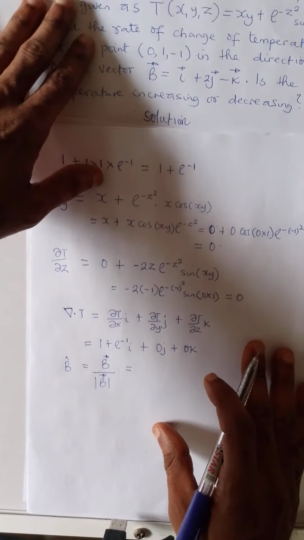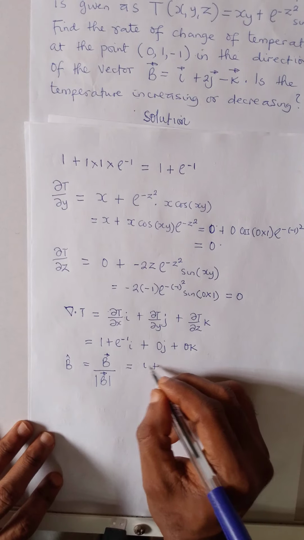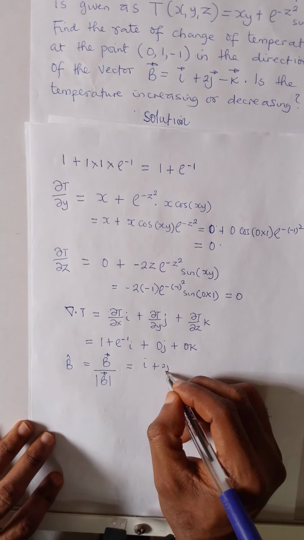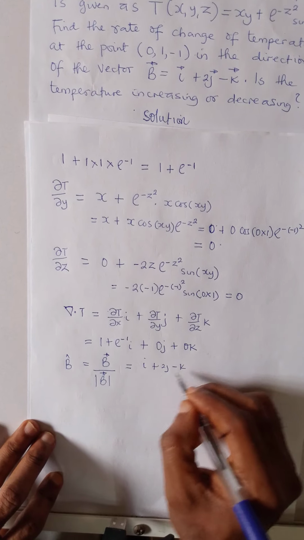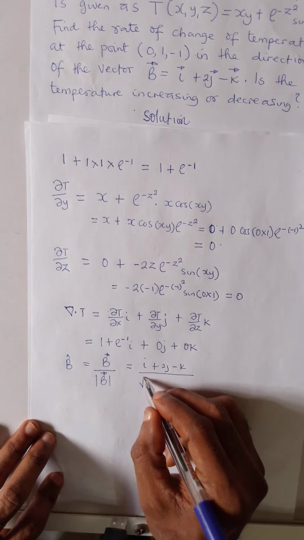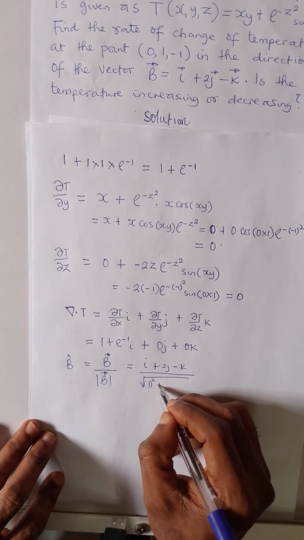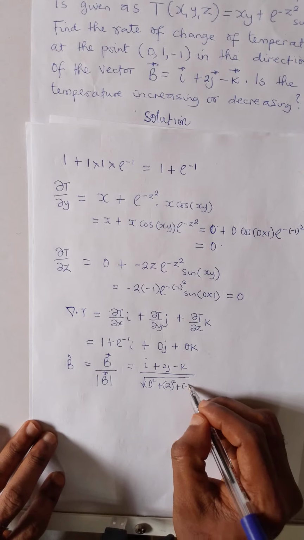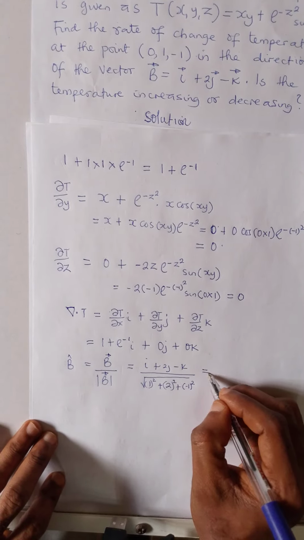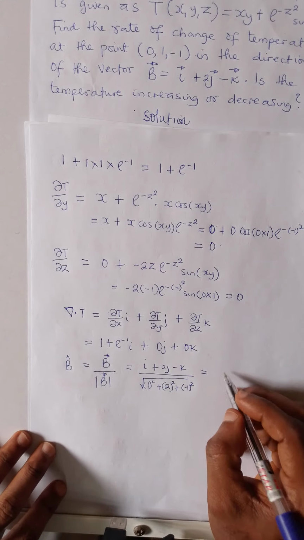So we have i plus 2j minus k divided by the magnitude of B, which will be 1 all squared plus 2 all squared plus minus 1 all squared.